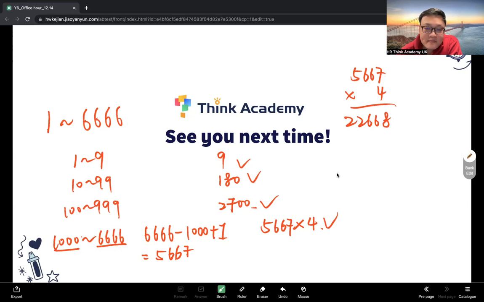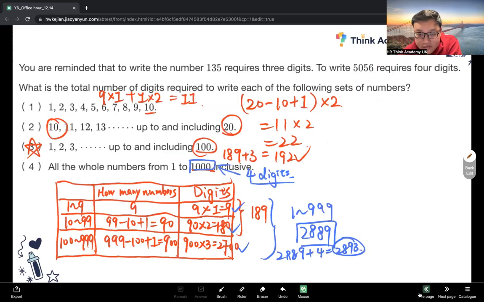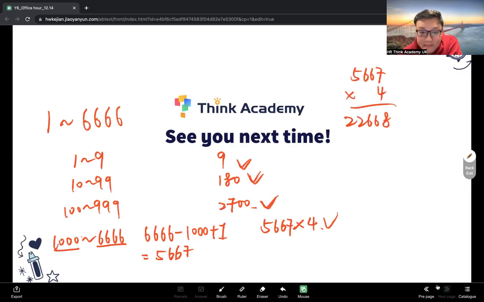That's right. And then you add the sum of these three numbers, which we already got from the first question, which is 2,889. 22,668 plus 2,889. What'd you get?